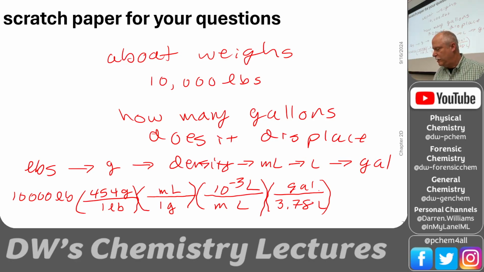But anyway, so we'll take out our calculators. 10,000, times 454, and 1,000 divide, and 3.78 divide. So it's gonna work.